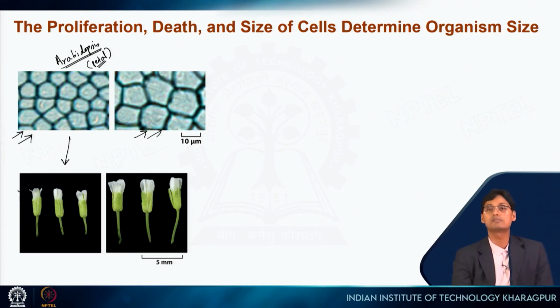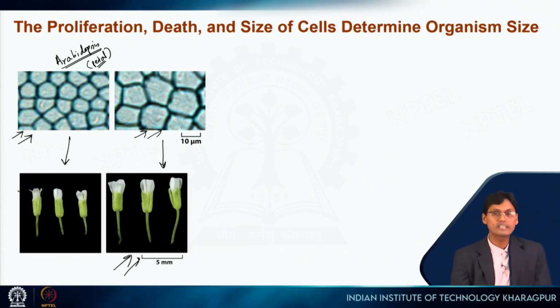Its flower size is much smaller, and when the ploidy number is more, cells are much bigger. You can see this Arabidopsis flower is much bigger compared to the normal Arabidopsis flower.